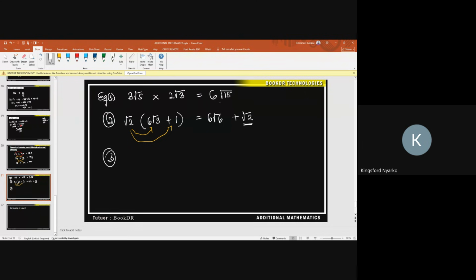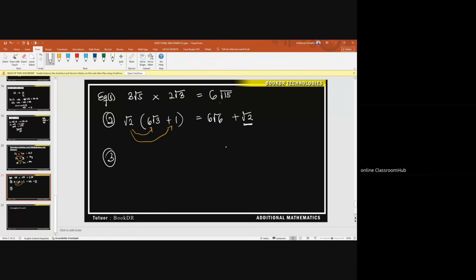Sir, please, can you explain how you got the answer again? Okay, so the root 2 will first multiply 6 root 3. As we said, the whole numbers, the numbers attached to the surd, will multiply. If I have root 2, we have 1 in front here. So that will multiply the 6. Then the root 2 will multiply root 3. The radical part will also multiply.